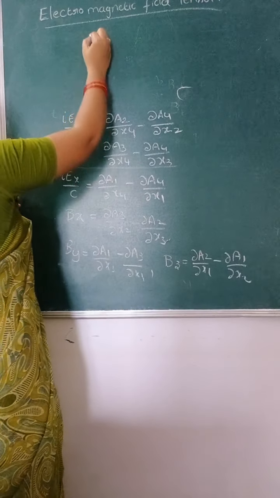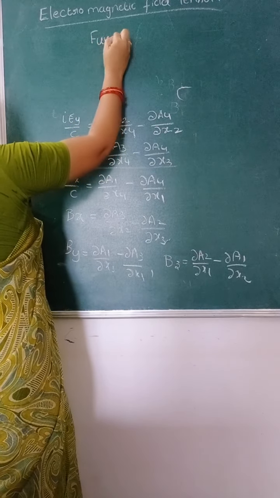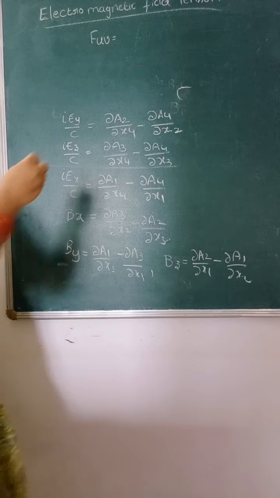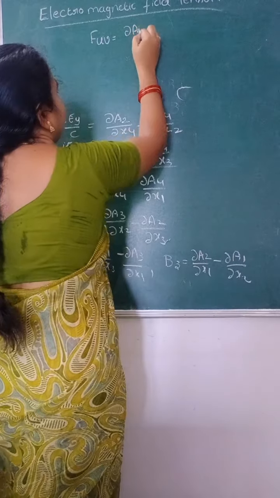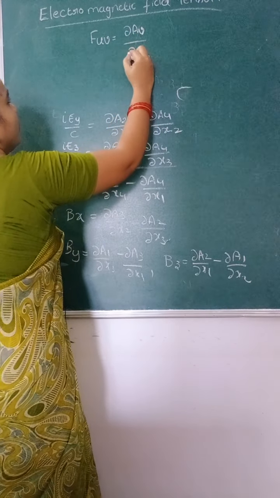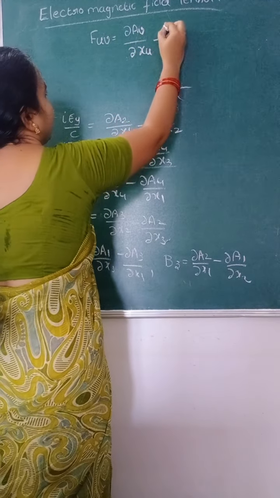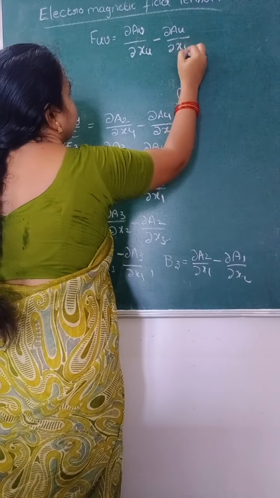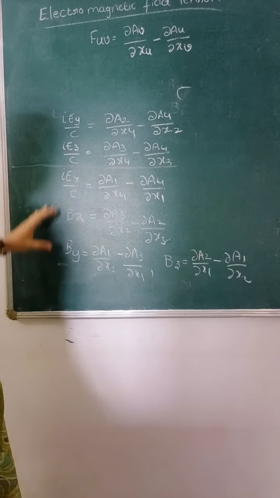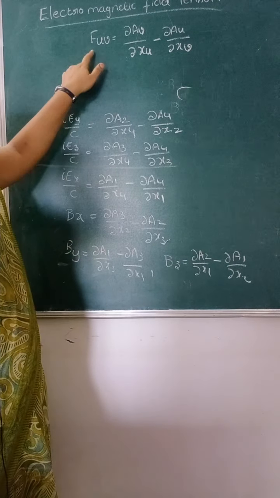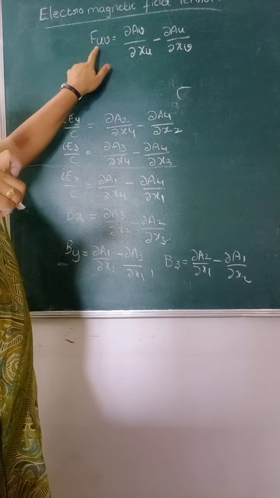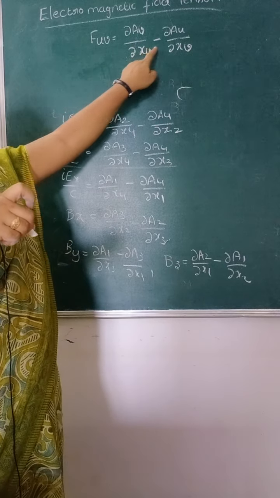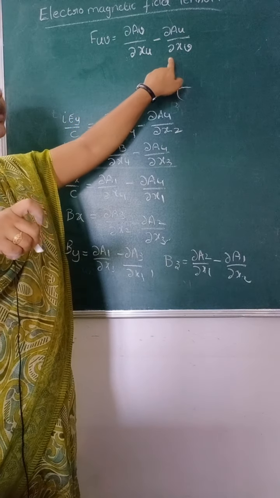Let us assume that F of uv is a function of u and v given by ∂Av/∂xu minus ∂Au/∂xv. So all these equations are put together and written in the form F_uv is equal to ∂Av/∂xu minus ∂Au/∂xv.